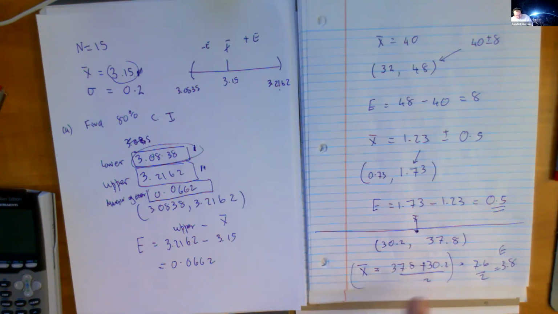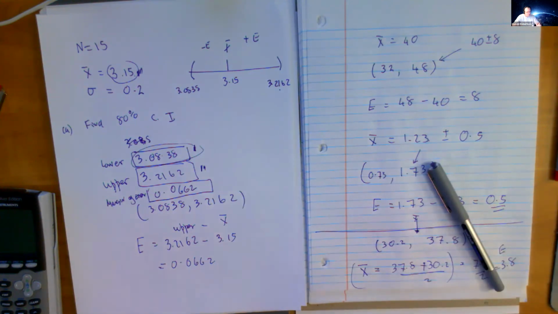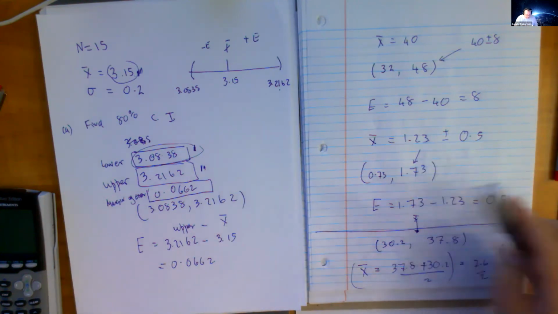If you subtract them and divide by 2, isn't that going to give you the margin of error? So do you see within that interval, don't you pretty much have everything you could possibly want, as long as you know how to suck it out of the interval? Now, if I know it starts here and it finishes here, can't I figure out where the mean in the middle is, because that's X bar? And can I also find the margin of error?